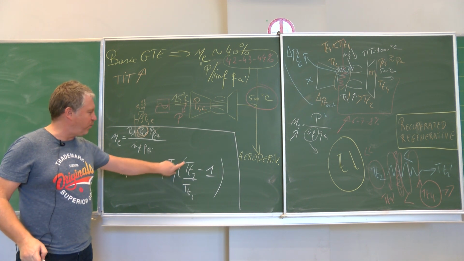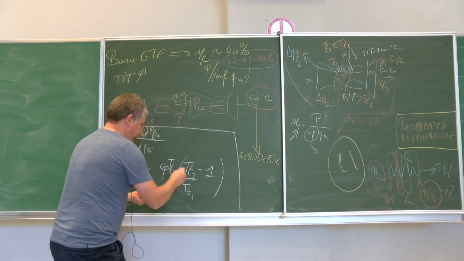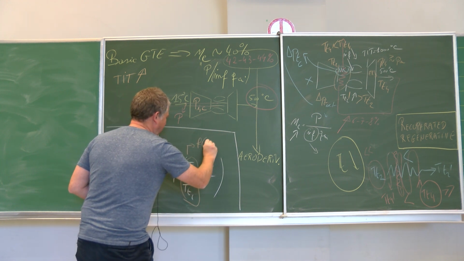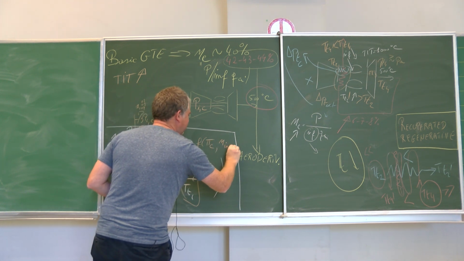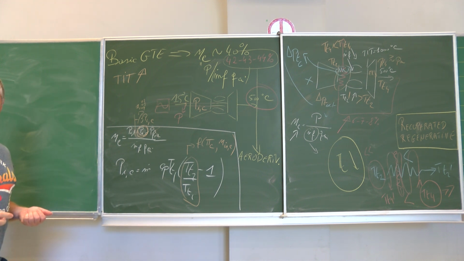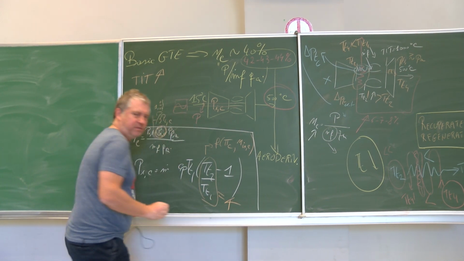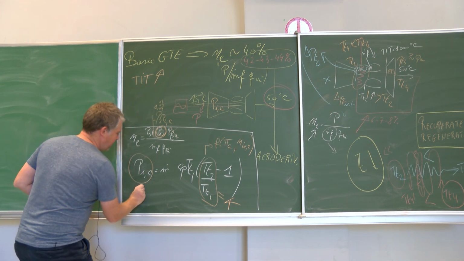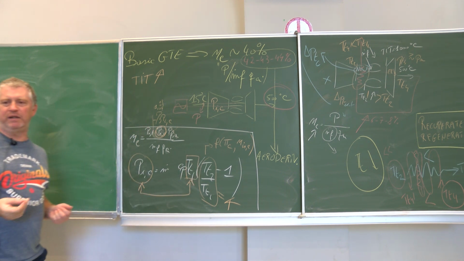M dot Cp TT1 TT2 divided by TT1 minus 1. And this factor is what? This is purely proportional with the pressure ratio and the isentropic efficiency of the compressor. So if you have a fixed pressure ratio with a given compressor, this is a constant. And you see that PIC is just, in fact, proportional with TT1.